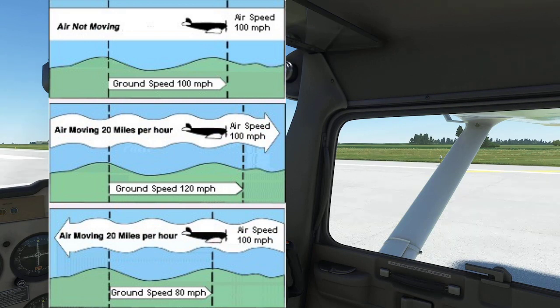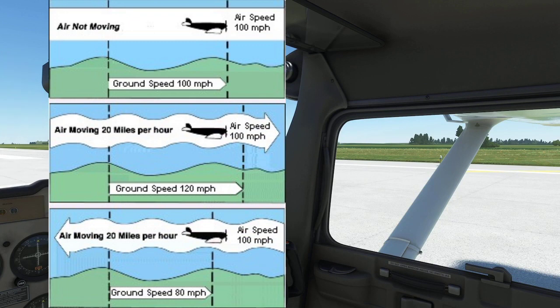However, we all know that the wind can directly oppose you. If you look at the bottom part of the image, you see that the wind is coming directly at us at 20 miles per hour. Therefore, if our airspeed indicator says 100 knots, we're going to subtract out 20 knots, because now the wind opposes us, so our ground speed is going to be 80 knots in this case.